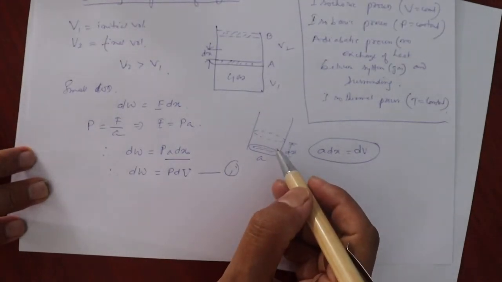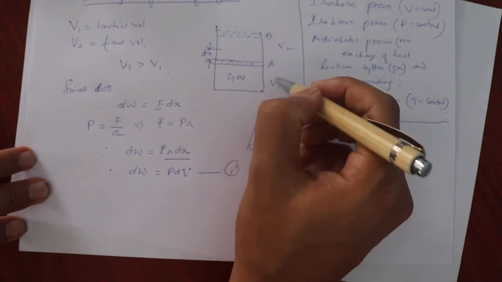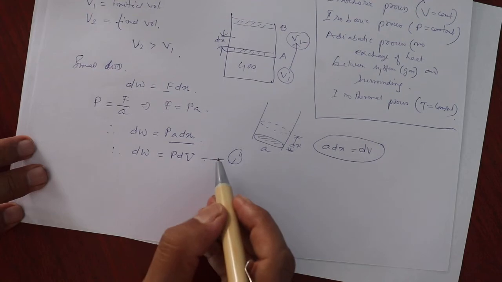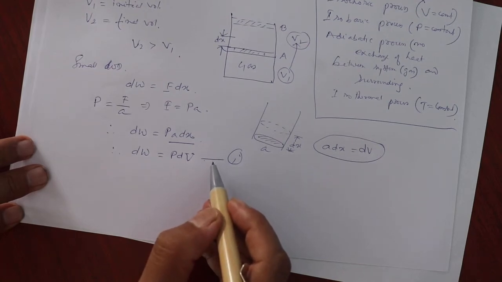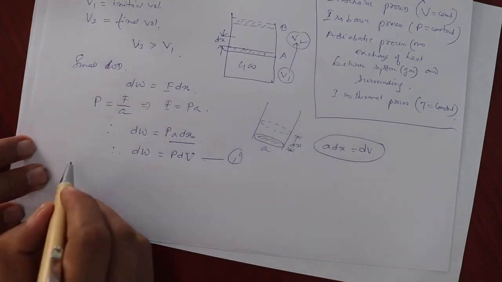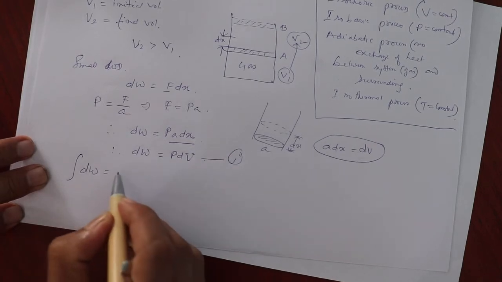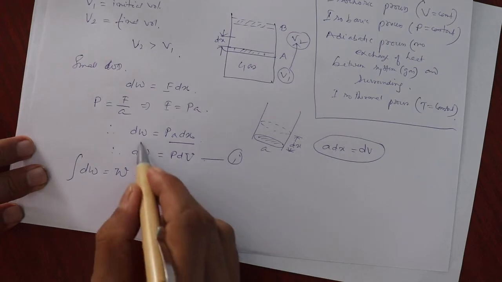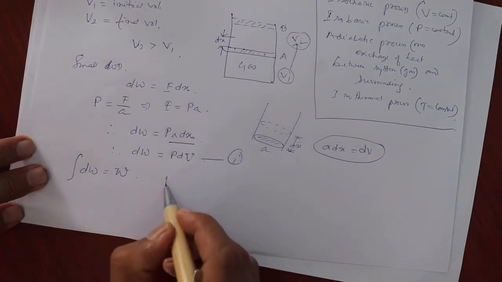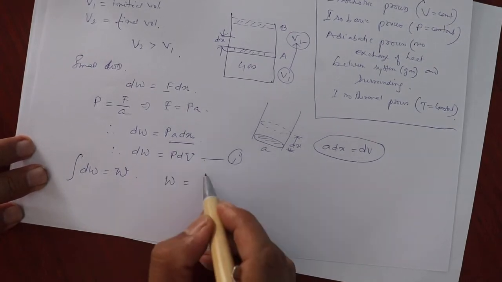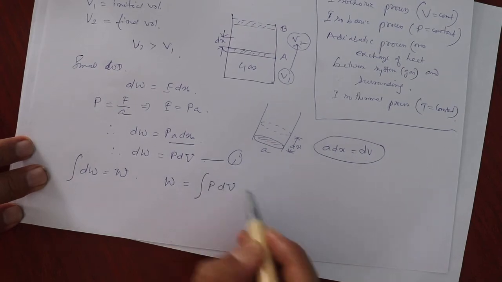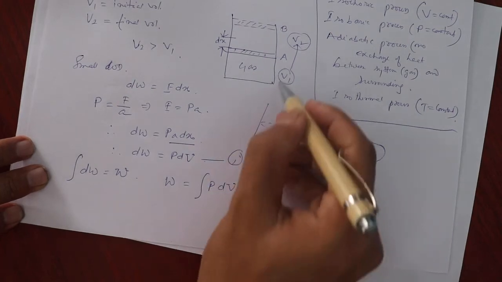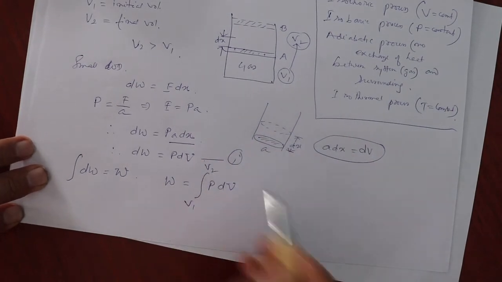But our aim is to expand the gas from A to B, from volume V1 to volume V2 here. So equation number 1 should be integrated. Once you do integration on both sides, the integration of dW is equal to W, we know it. On the left hand side you get only W, and on the right hand side you have P dV, with the volume expanding from V1 to V2.